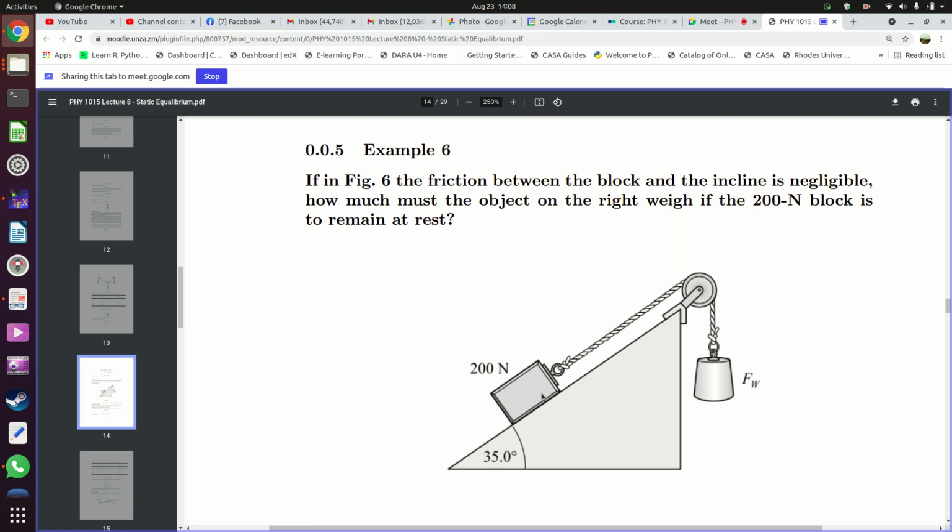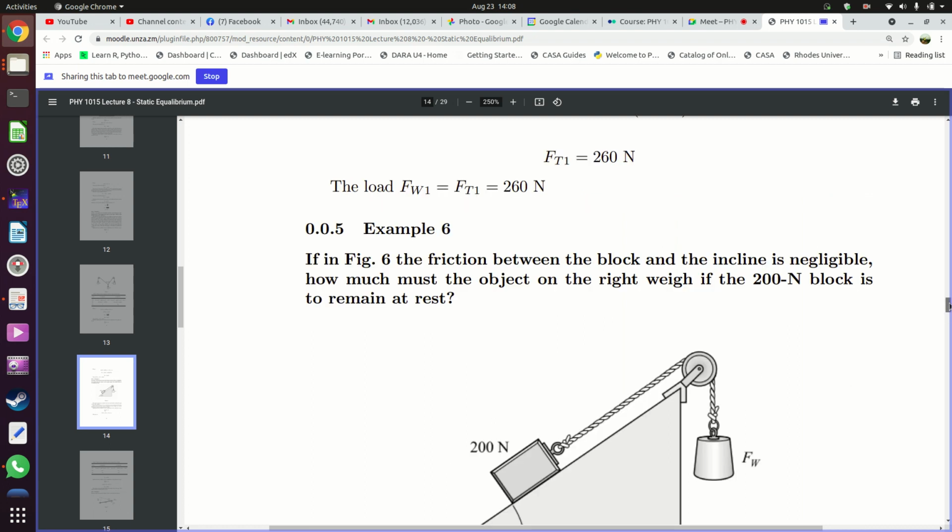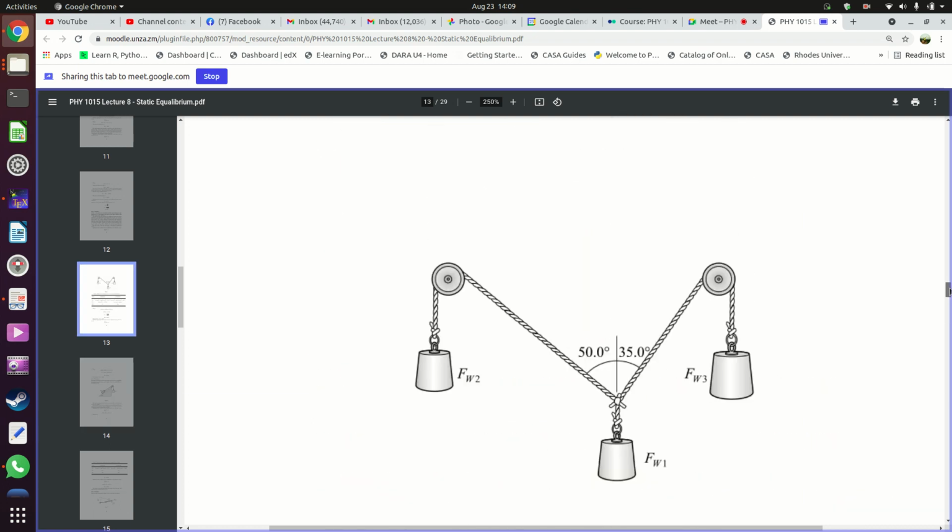We have got something which shows how the weight goes down, one of the diagrams you have, and how the incline is supposed to push in this direction. I think if I can go back quickly, I can show that.